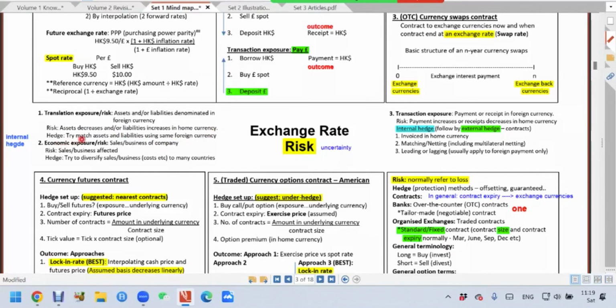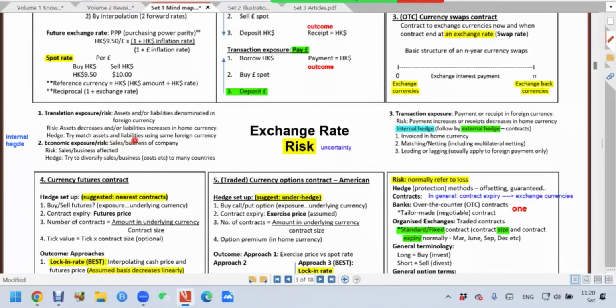Hedging: you match the asset and the liability using the same foreign currency. That means if your asset is in terms of pound, your liability is also in terms of pound. So let's say that the pound depreciates. Your asset goes down, you have a loss. Your liability also goes down, and liability going down is actually a gain. So it's some kind of offsetting.